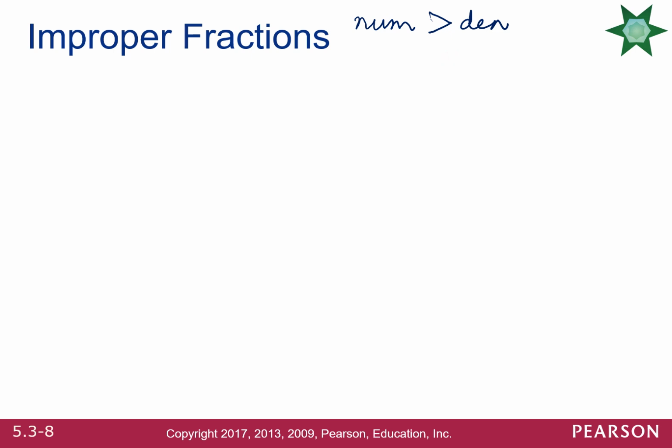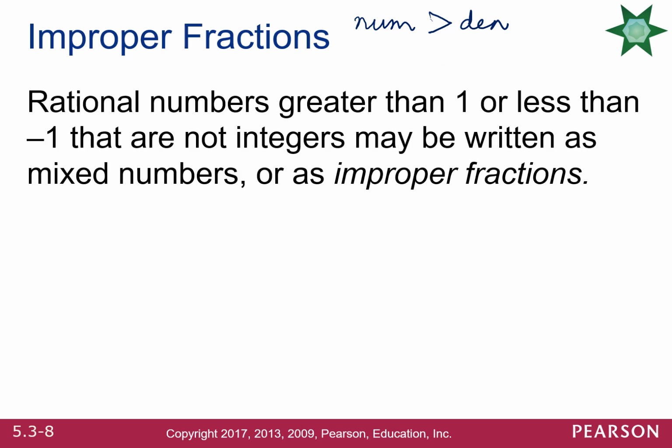All right, so let's look at how they define improper fractions. It says here, rational numbers greater than 1 or less than -1 that are not integers may be written as mixed numbers or as improper fractions. Mixed numbers have an integer part as well as a fractional part.